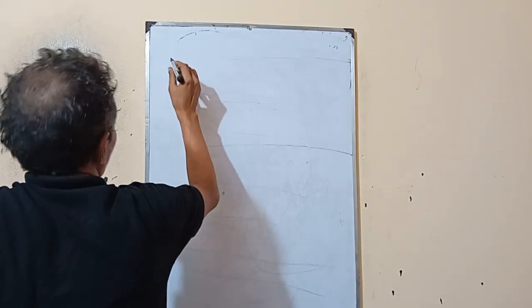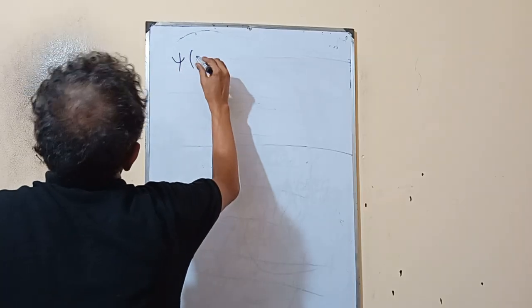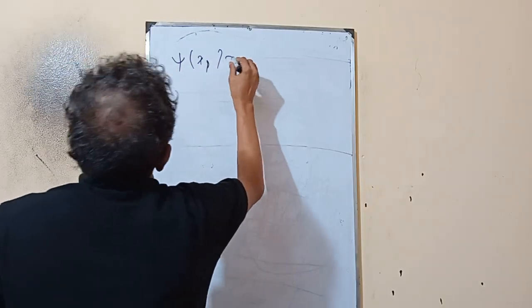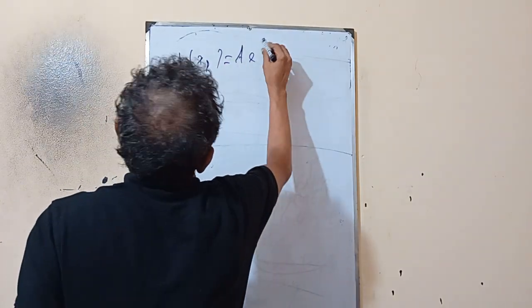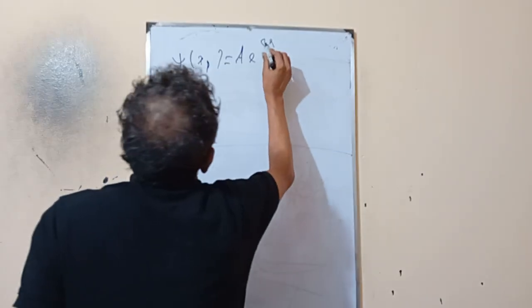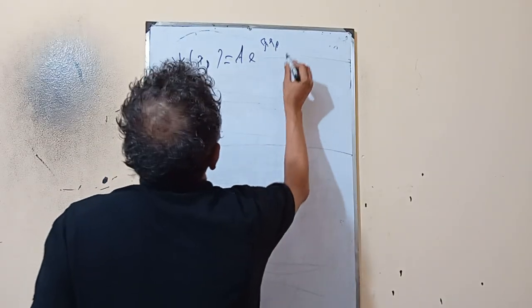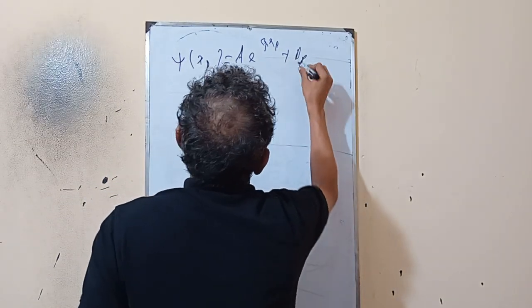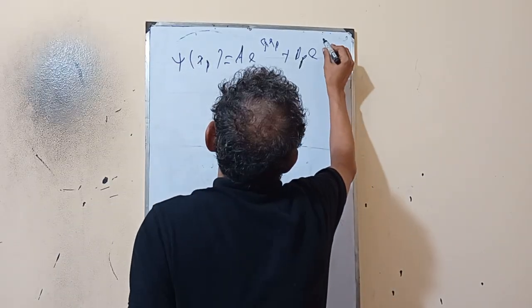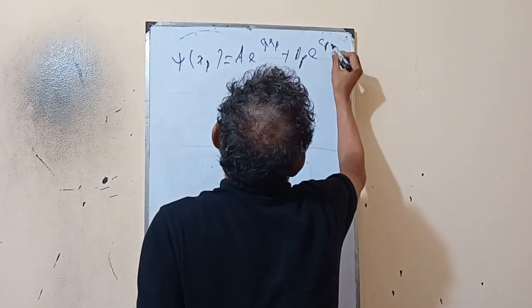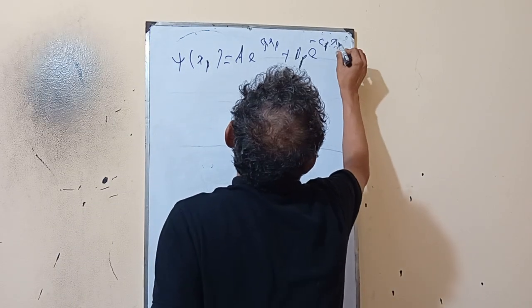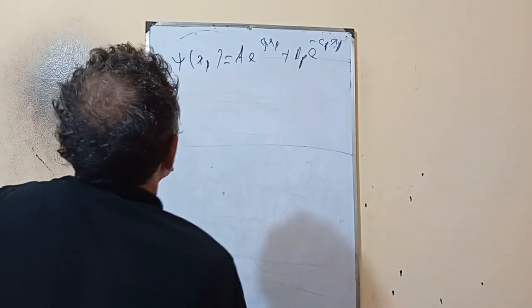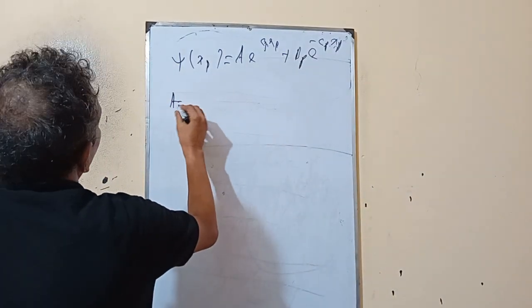Suppose there is XP equal to A e to the CP XP, and BP is equal to A e to the minus CP XP. Okay. Now x is equal to 0.